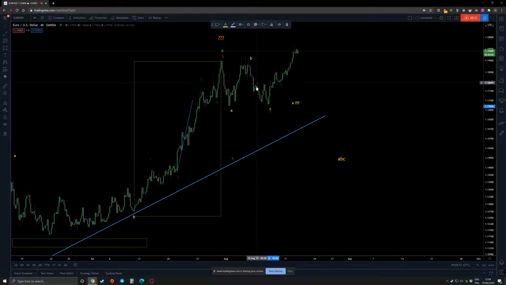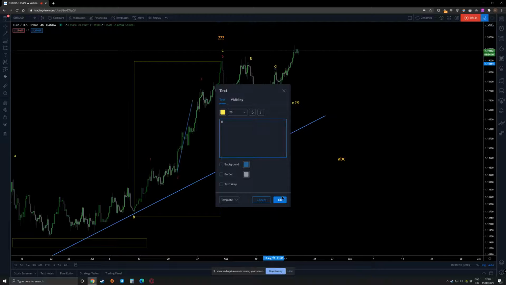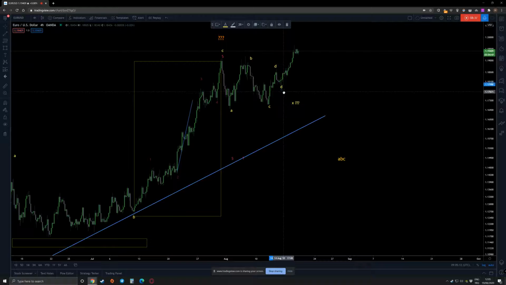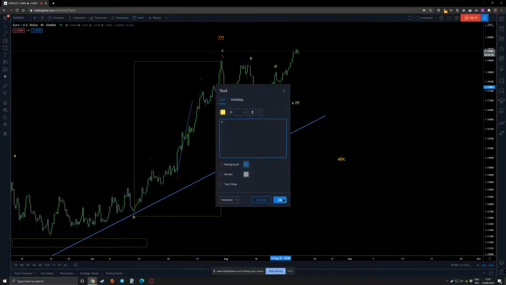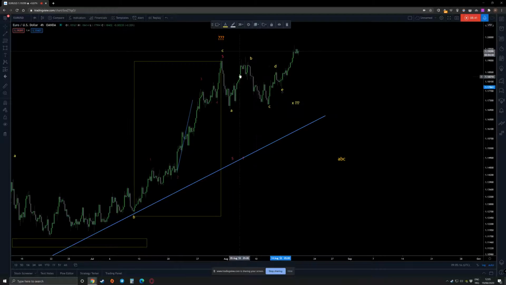But look at the C wave. Now, it can be a terminal move, I agree, but the price action didn't come back all the way to the B wave in due time. This is why we cannot expect anything but a triangle here as an X wave, because it is not a simple correction here. It cannot be a simple correction in the way this ABC is a flat with a failure.